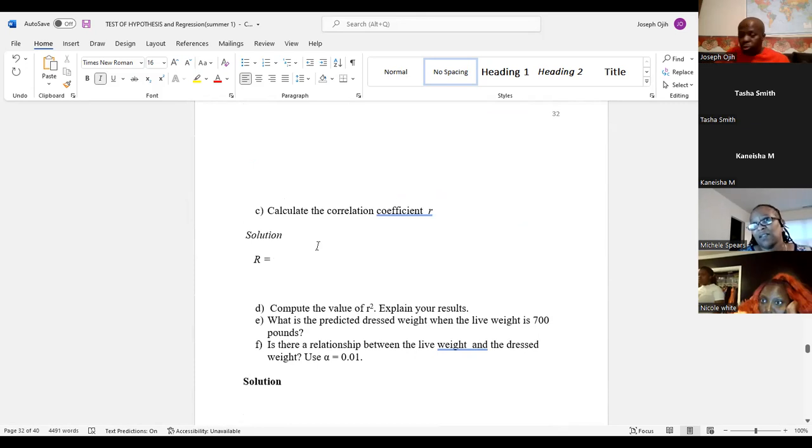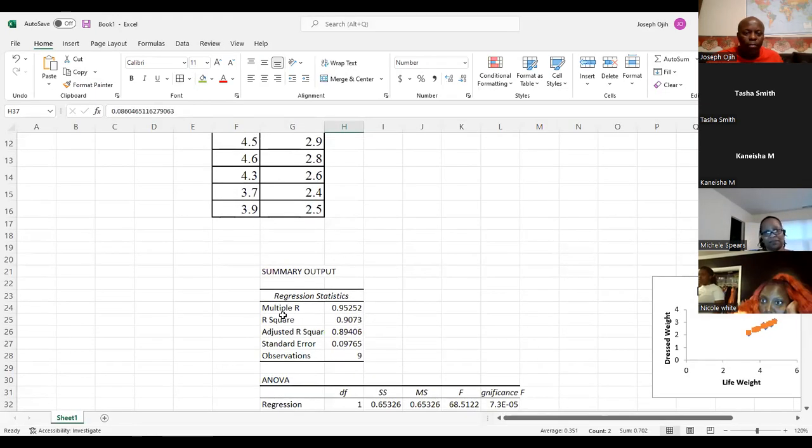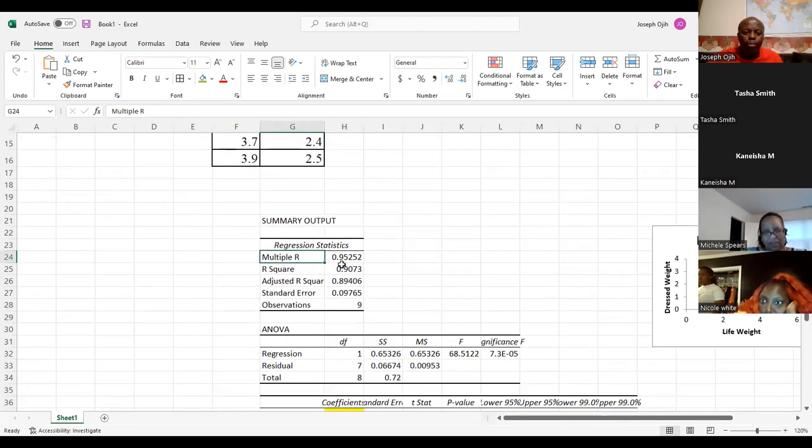So let me show you where it is located in the Excel that we used to get our answers. See our R here, multiple R is 0.9525, which I can change to 2 or 3 decimal places, 0.953.